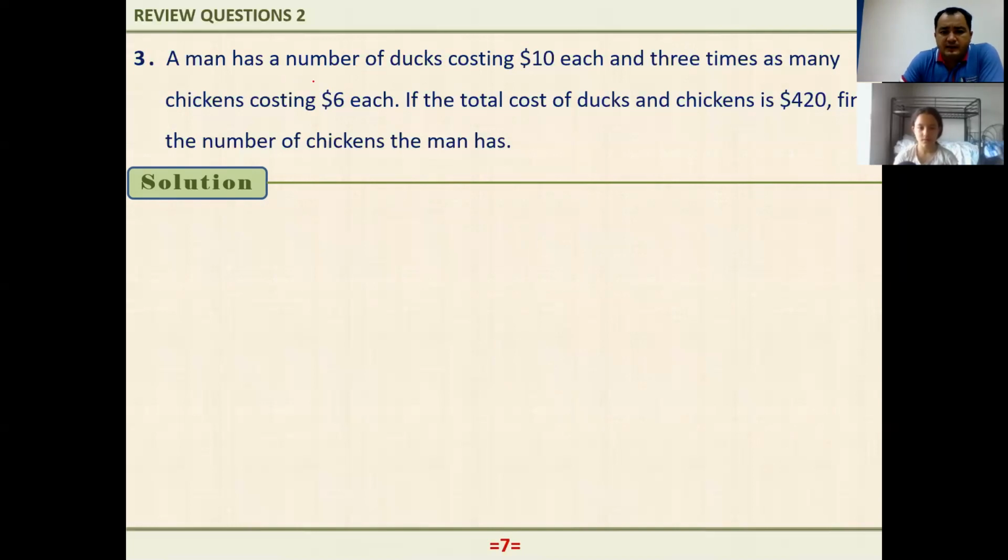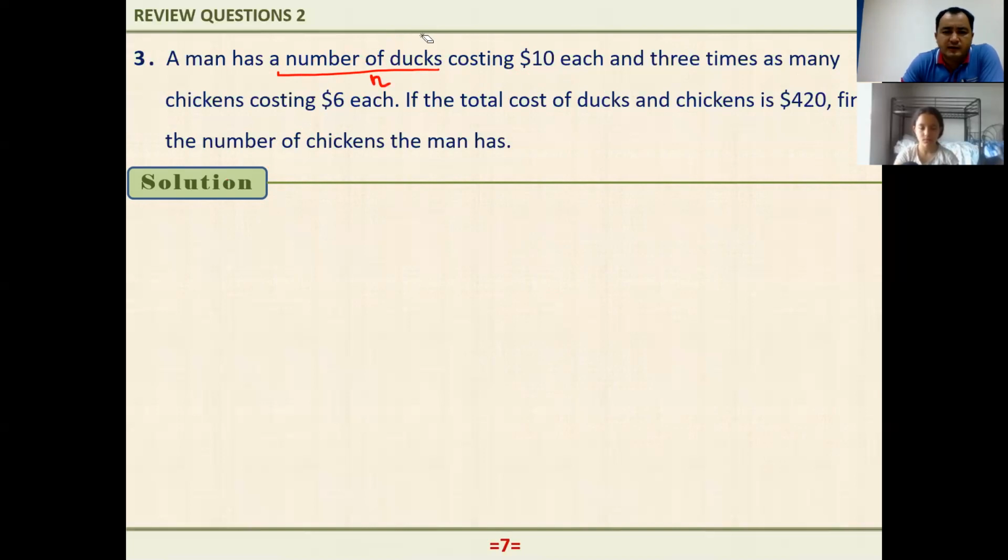A man has a number of ducks costing $10 each, and there are 3 times as many chickens costing $6 each. Okay. Now a man has a number of ducks. How many ducks does he have? We don't know, right? Let's say the number of ducks is n.